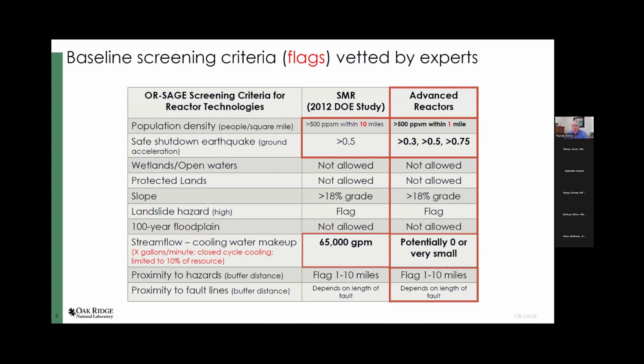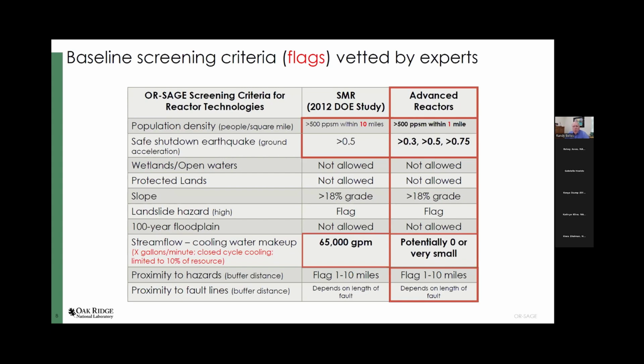So now here is the baseline set of parameters or flags that ORSAGE uses for reactor siting. And in a much longer presentation, we could go into what each includes, why they're important, and how they are calculated. I will stress here, though, that all the flags are weighted equally. All the flags that end up getting used in any particular evaluation are weighted equally. As needed, we can look at population density in the vicinity of each of the 700 million database cells.